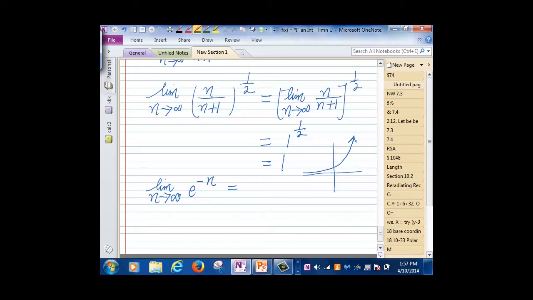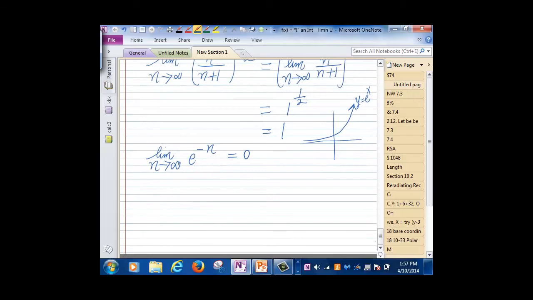So this is the graph of y equals e to the x. When the exponent x goes to negative infinity, the value of e to the x goes to 0. So here, as n goes to infinity, the exponent negative n goes to negative infinity. So the value will go to 0. Everybody is okay with that?